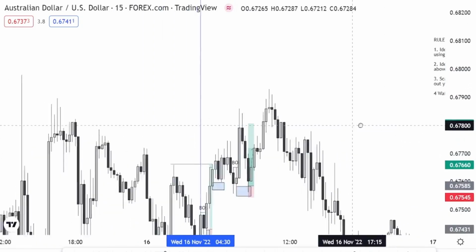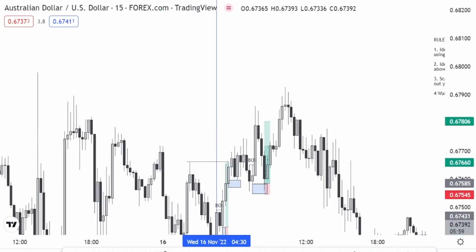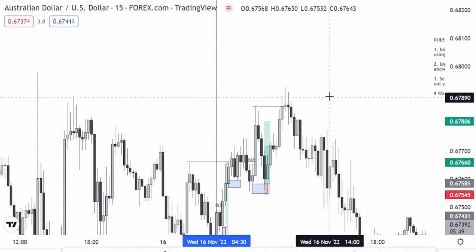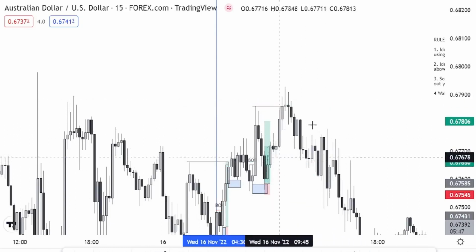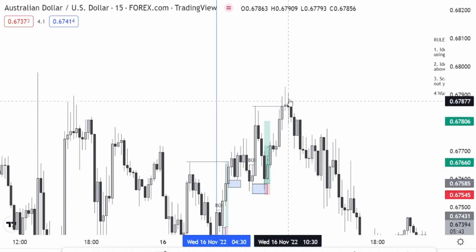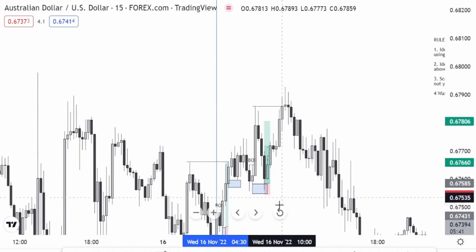Aha, this is the target of this last one. So that's where you target, guys, in this last one. And you can take partials if you so desire. But for me, that is my target on the M15.